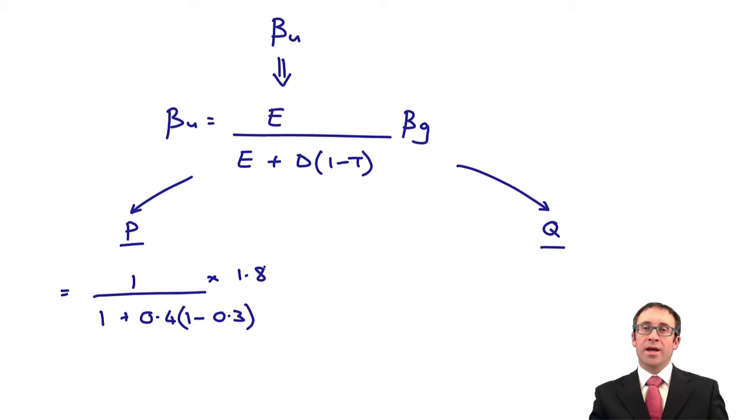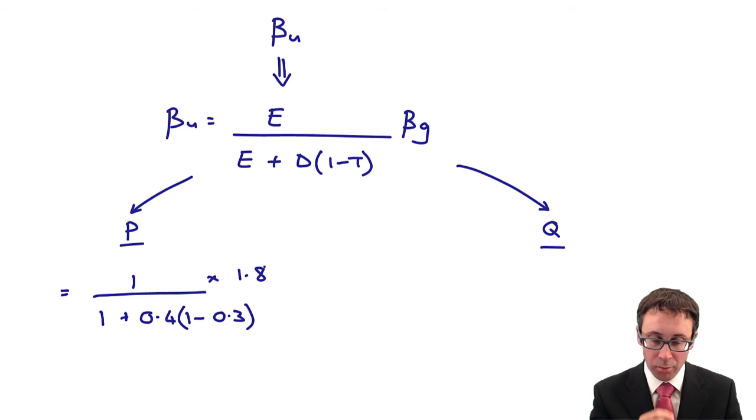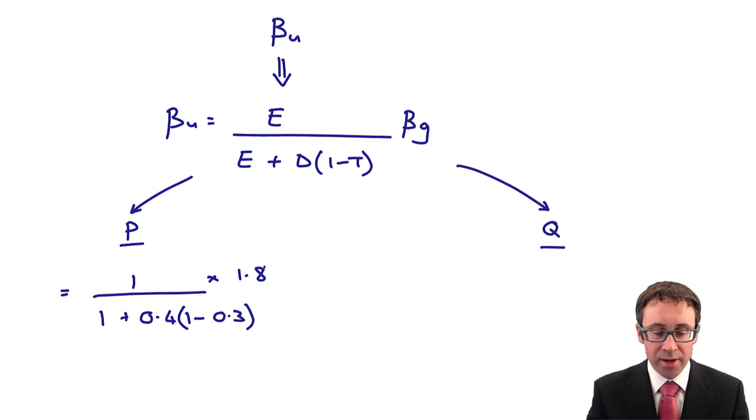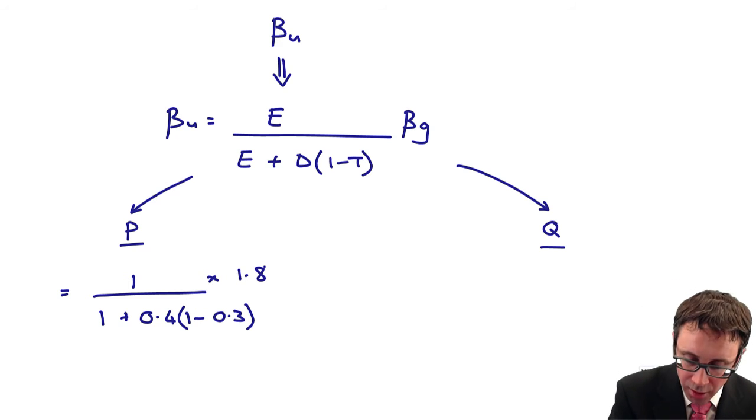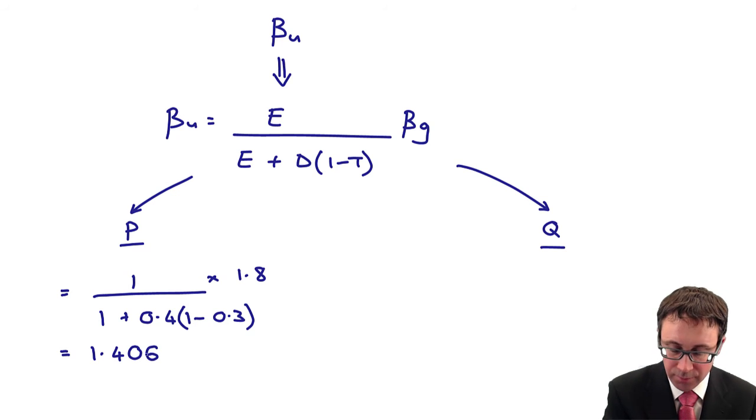So what I'd do is work out the brackets first. At the bottom, 1 less 0.3 is 0.7. Times that by 0.4 is 0.28, and add 1. So get the bottom first: on the bottom you should have 1.28. 1 divided by 1.28 is 0.78125, and multiplied by beta g, the geared beta of 1.8, works out at 1.406.